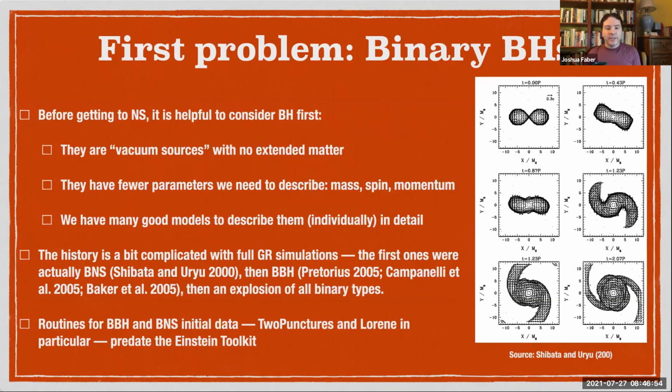In a weird way, for initial data, black holes are probably simpler. The main thing that makes black holes easier to deal with is that they're vacuum sources. They have no extended matter. The stress energy tensor describing the black hole is basically 0 except at the locations of the singularities. It doesn't extend throughout your computational domain. Black holes also have fewer parameters that we need in order to describe them. They have masses, they have spins, so angular momentum is a vector.